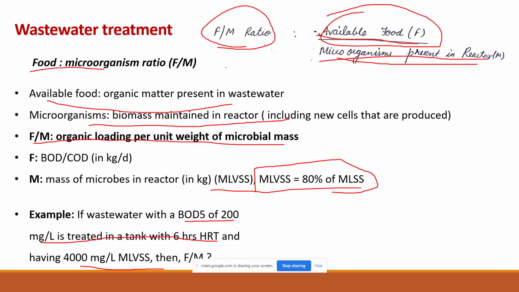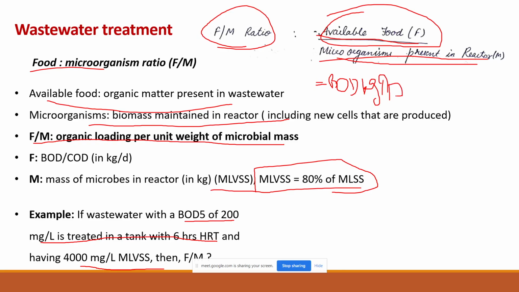So F by M ratio is available food by microorganisms. What is available food? Available food is BOD or your COD, and the unit will be kg per day.